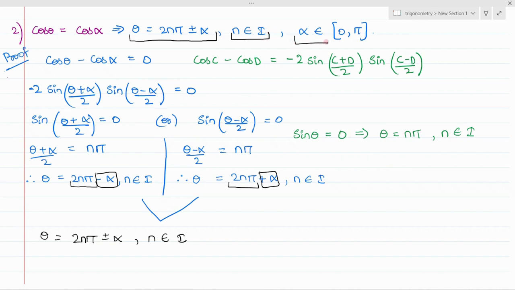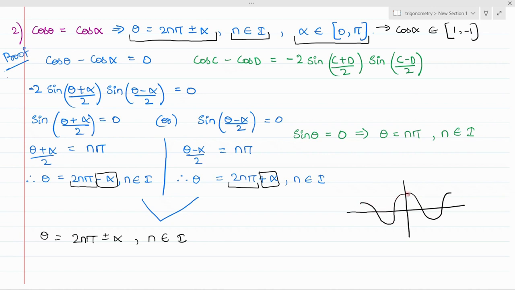Why does alpha belong to the closed interval 0 comma pi? Because from here, if we take cos on both sides, cos alpha belongs to cos 0 which is 1, to cos pi which is minus 1. So this is true, right? If we think about the cos x graph, it will be something like this.